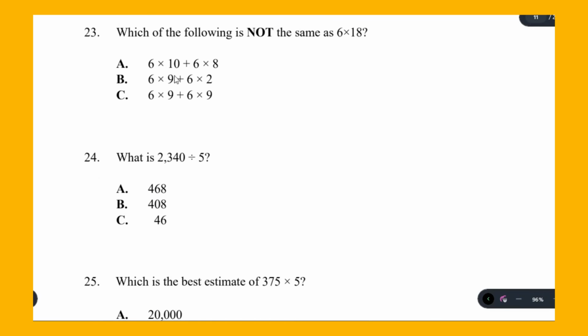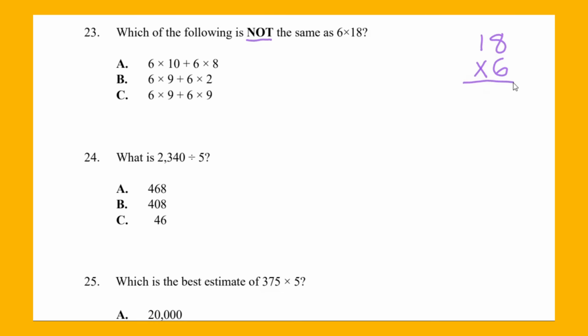Question 23. Which of the following is not the same as 6 times 18? In order to find out what is not the same as 6 times 18, we need to find out what 6 times 18 is. So we're going to write out that multiplication question and we're going to work it out.